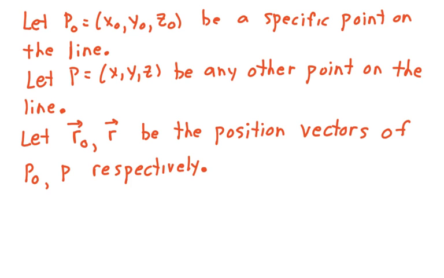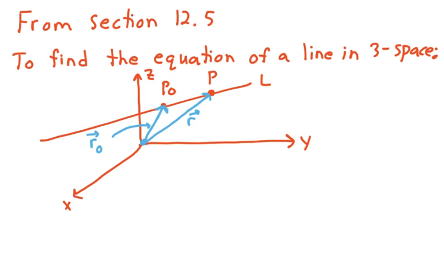And then I'm going to let a represent the vector P naught P. If we go back, that's right on the line. So that vector is located on the line, and we'll call that a.